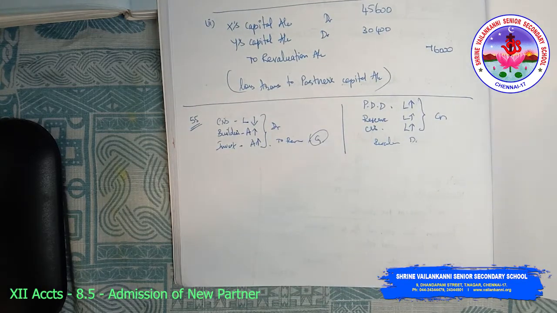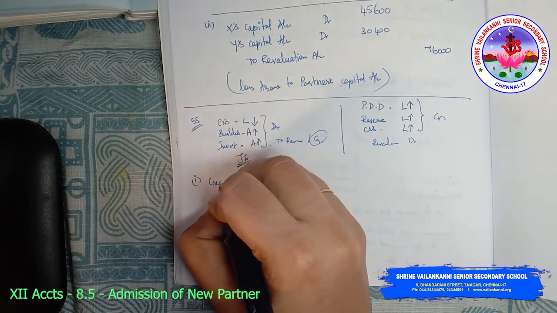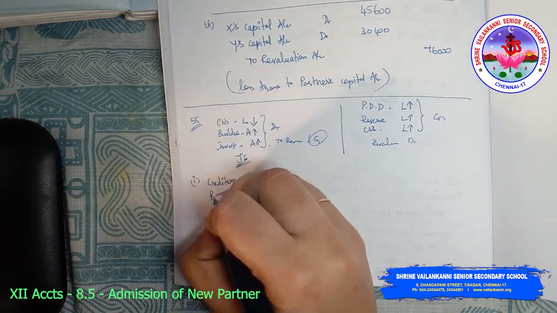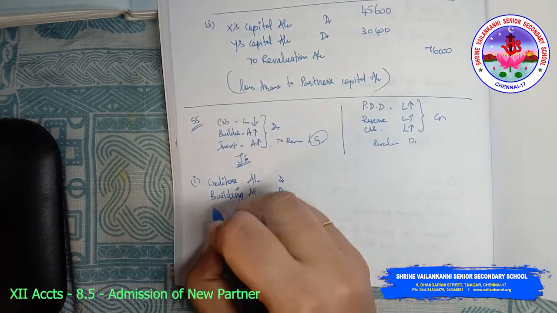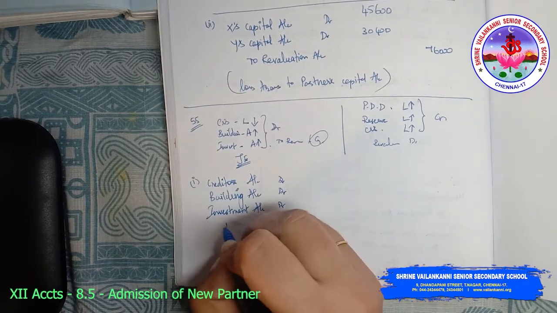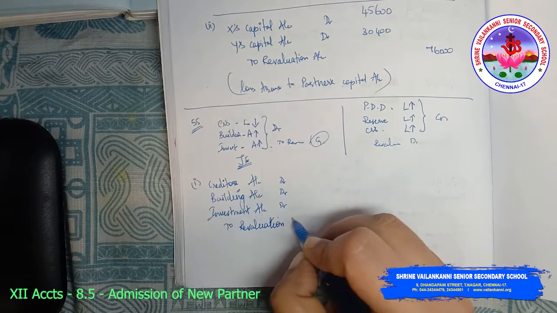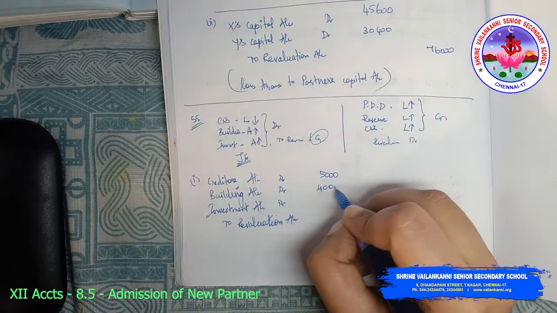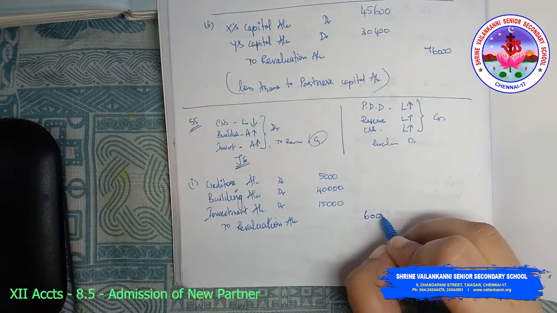So we are going to start the journal entry. The first journal entry would be creditors account debit, building account debit, investment account debit to revaluation account. 5,000, 40,000, 15,000, 60,000.